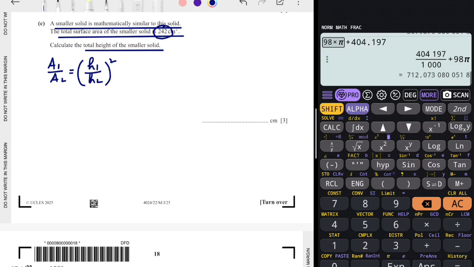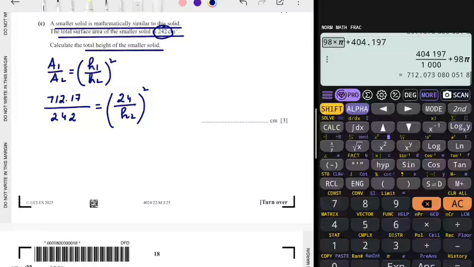So we have the surface area of our larger solid, that is 712.17, divided by the surface area of the smaller solid, that is 242, is equal to the height 24 squared, and the height of the smaller solid is missing, that is H2.